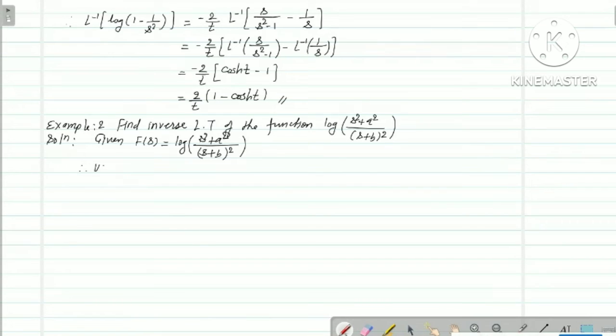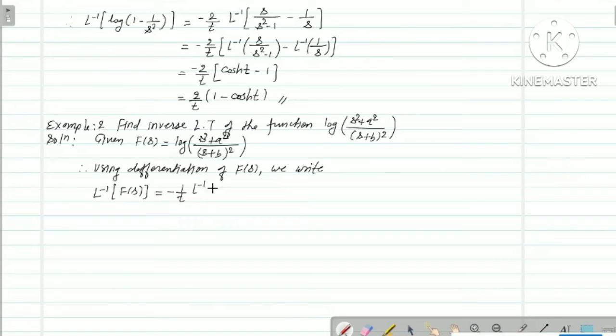So again using differentiation of the function f of s, we write L inverse of f of s equals negative of 1 by t times L inverse of the derivative of f of s with respect to s.